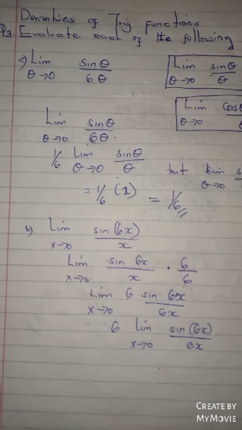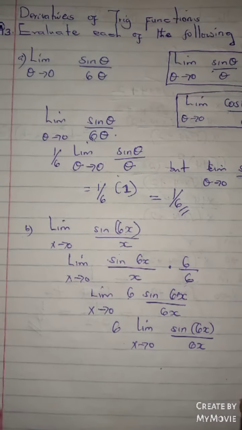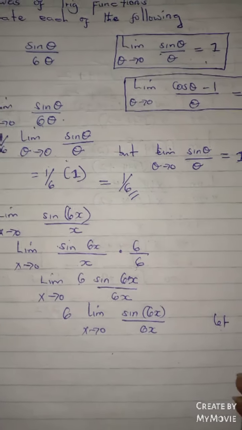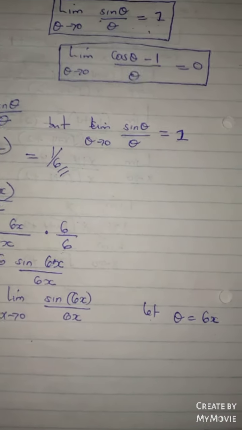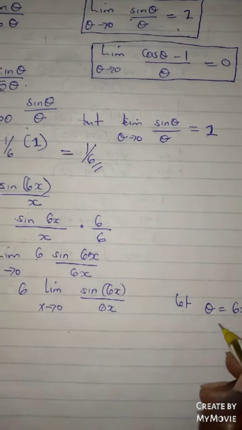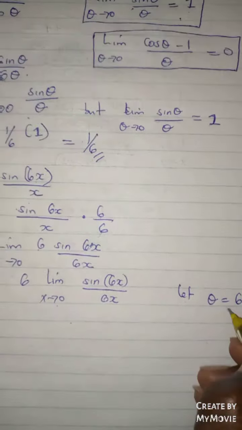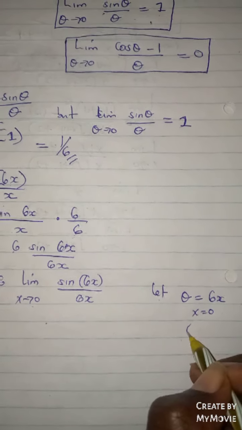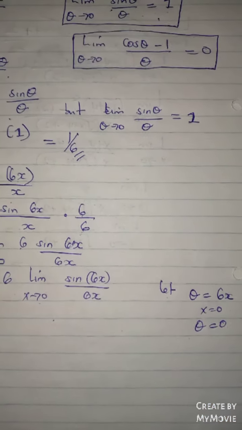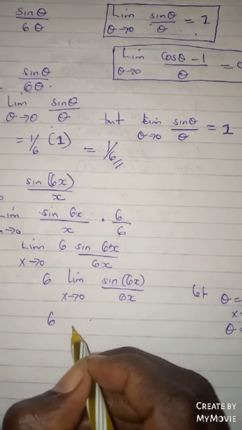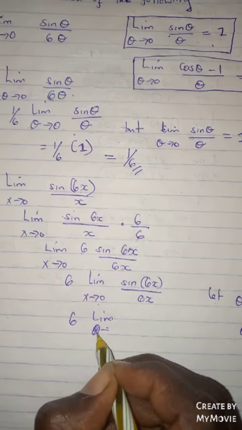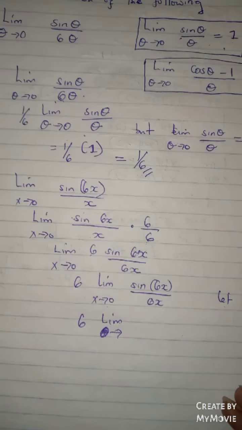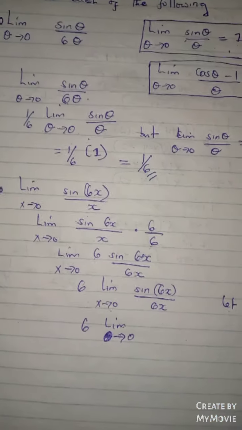Using the change of variable technique, I can say let theta be 6x. When the value of x is equal to 0, theta will also be 0. So that is 6 times the limit as theta approaches 0, using the change of variable technique.